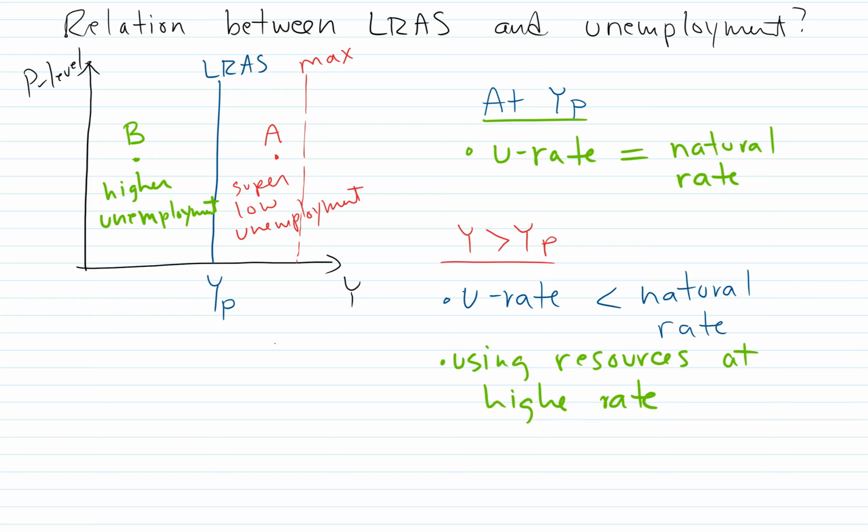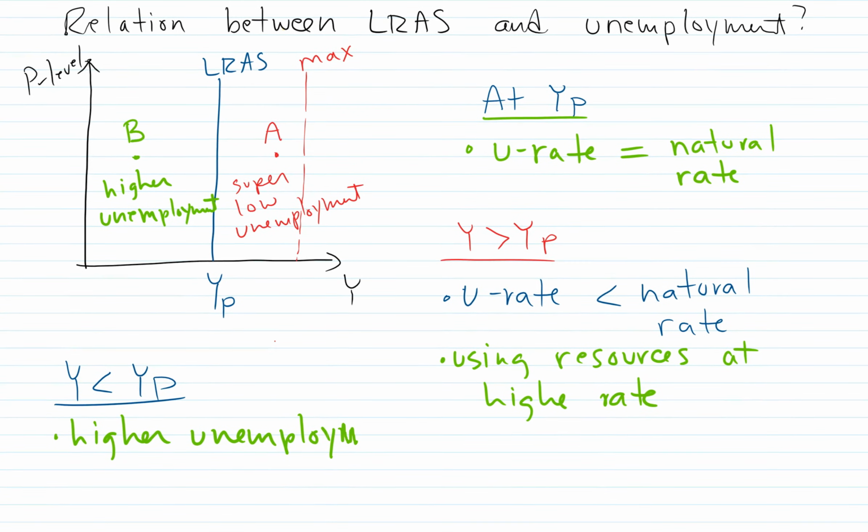Okay, so now this last part, when production goes below our potential GDP, we have higher unemployment. Our unemployment rate goes above the natural rate, and we have many unused resources.